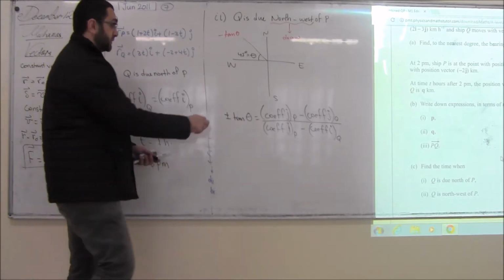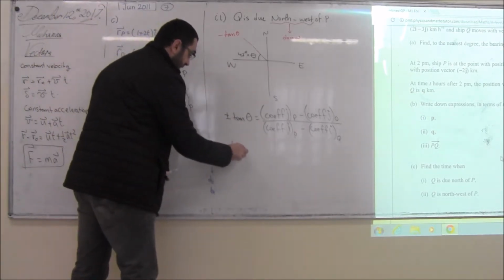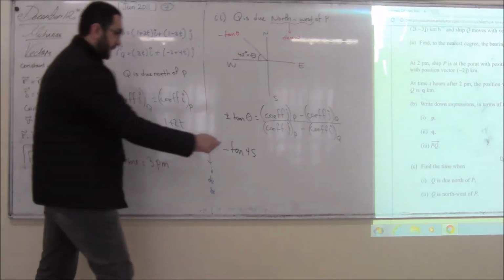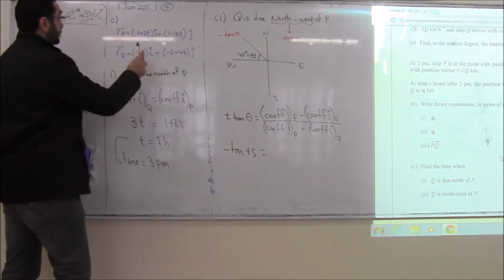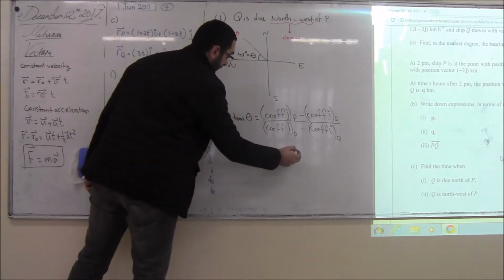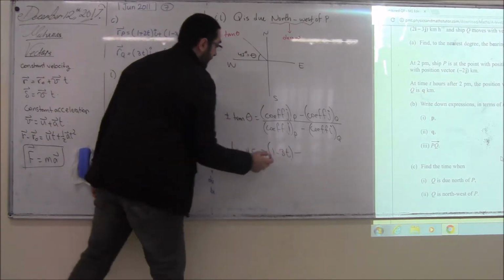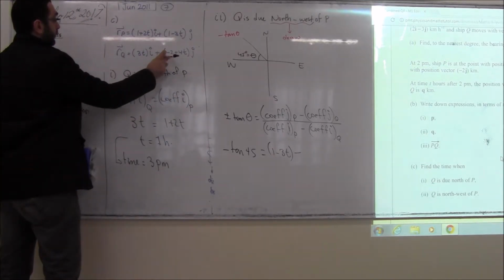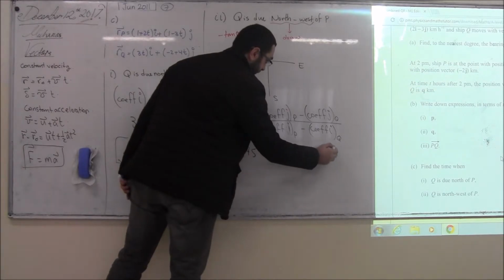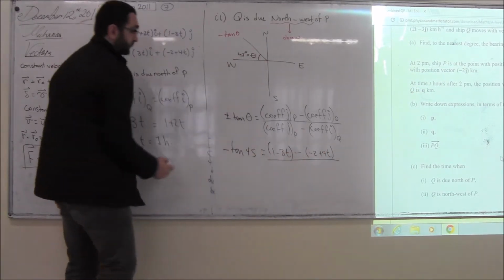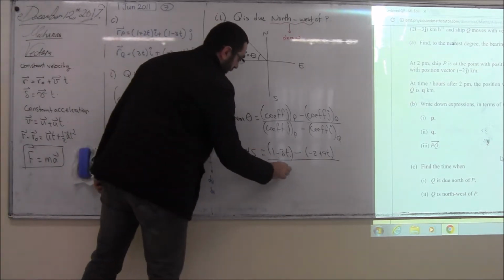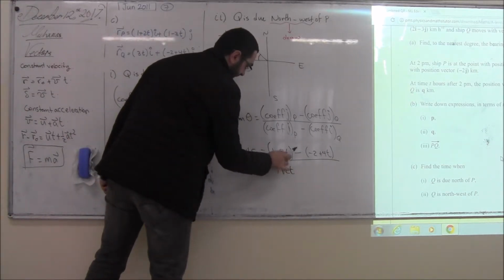So minus tan 45 equals coefficient of j for P, 1 minus 3t, minus coefficient of j for Q, minus 2 plus 4t, over coefficient of i for P, 1 plus 2t, minus 3t.